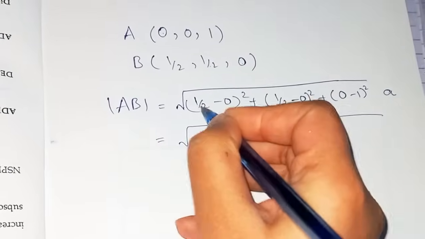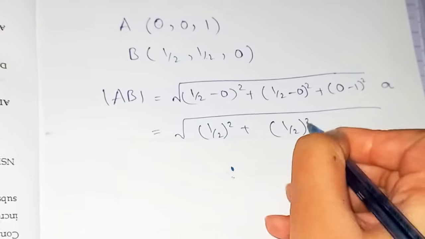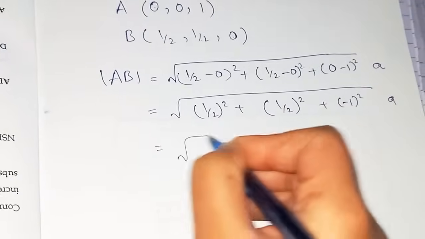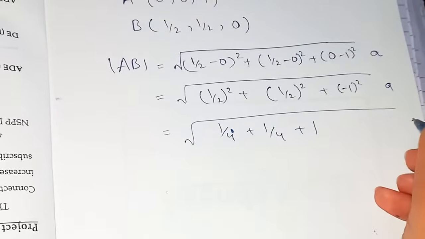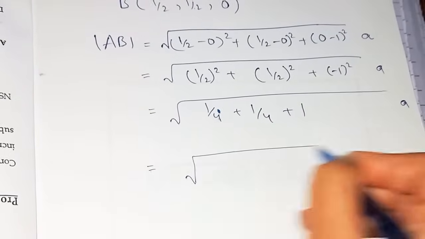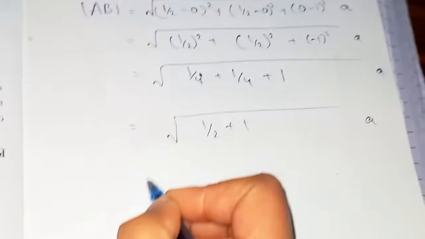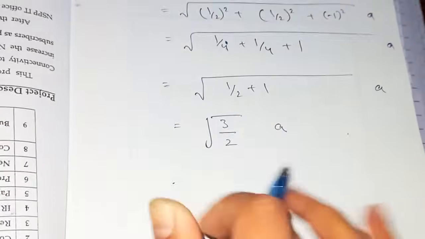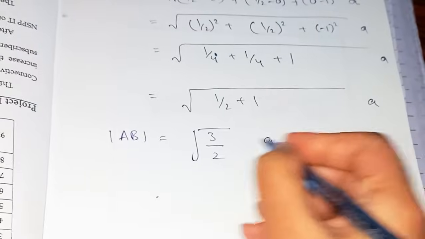Next, (1/2) squared, (1/2) squared, plus (minus 1) squared, into a. It's actually 1/4 plus 1/4 plus 1, so 1/2 plus 1, into a, and it's actually under root 3/2 into a. You can find the LCM, and this is the height.